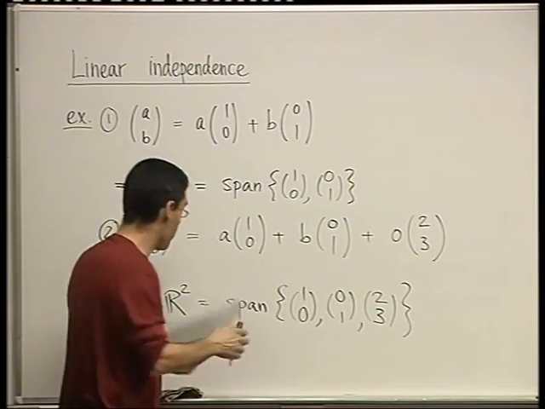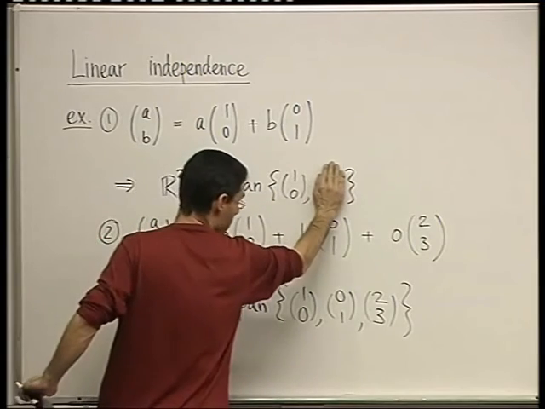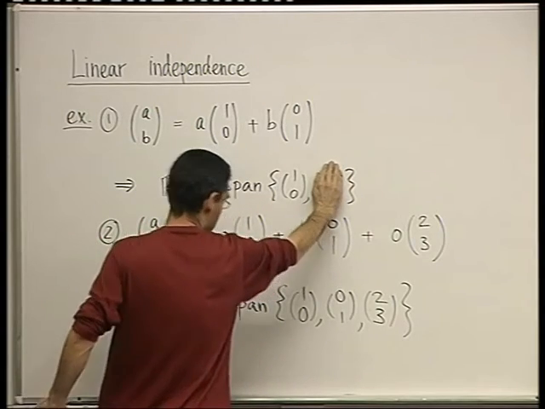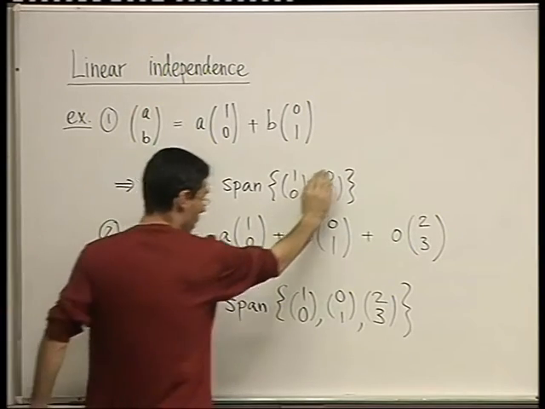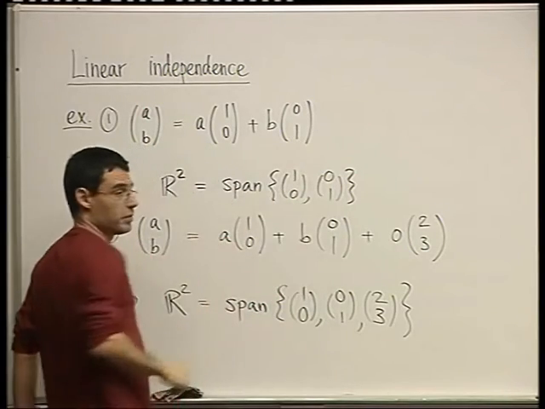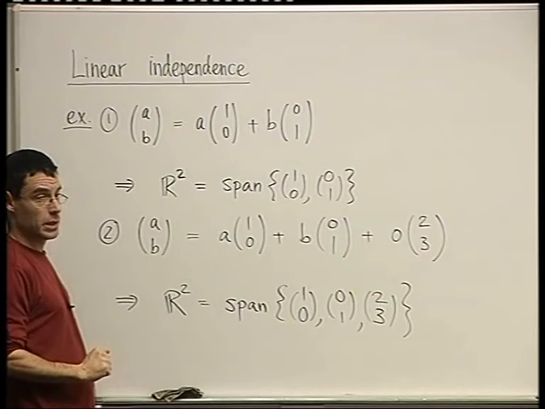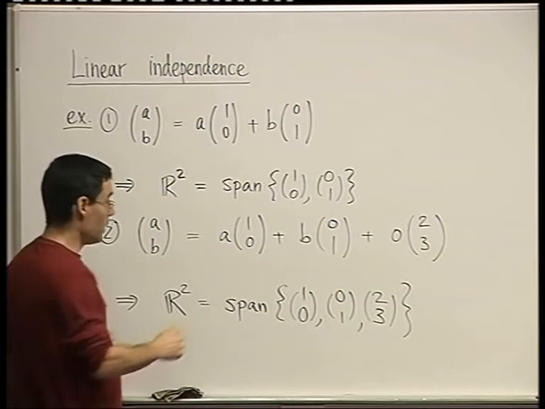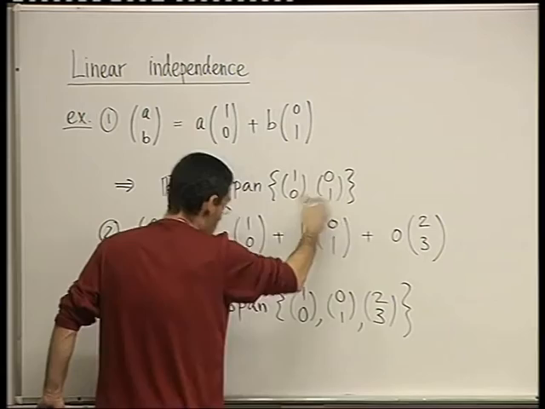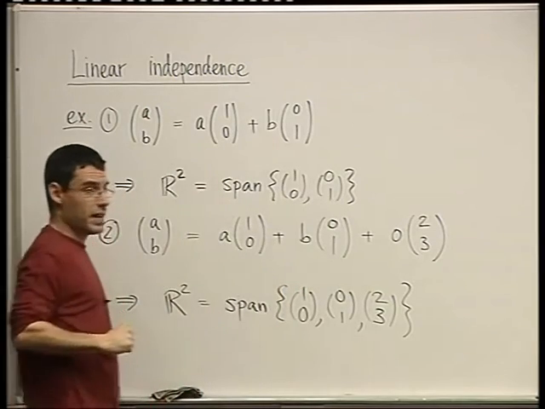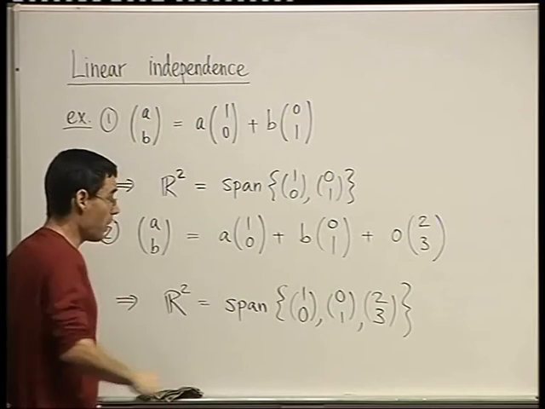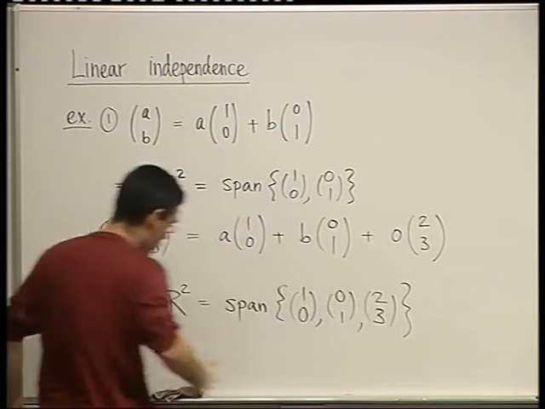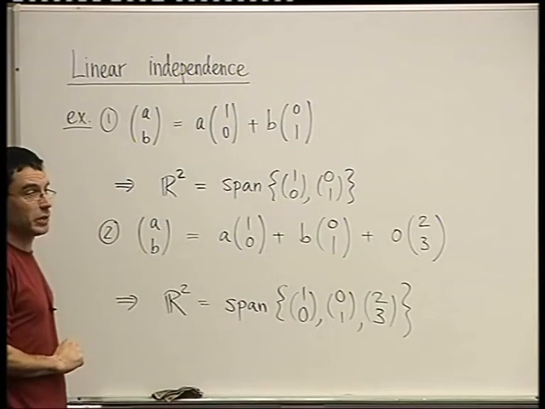If we throw (0, 1) out, we only get vectors of the form (a, 0). So adding this vector really throws in a lot more vectors. It really increases the subspace, whereas throwing (2, 3) in just doesn't make any difference whatsoever.